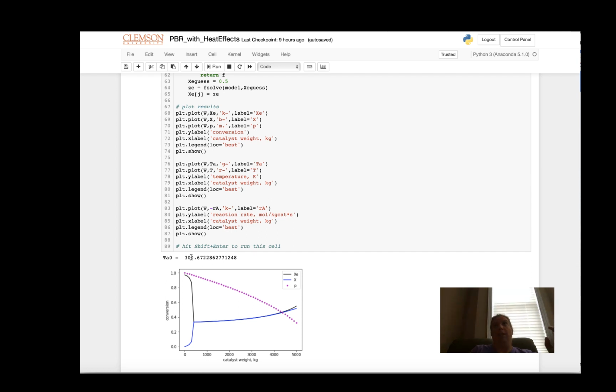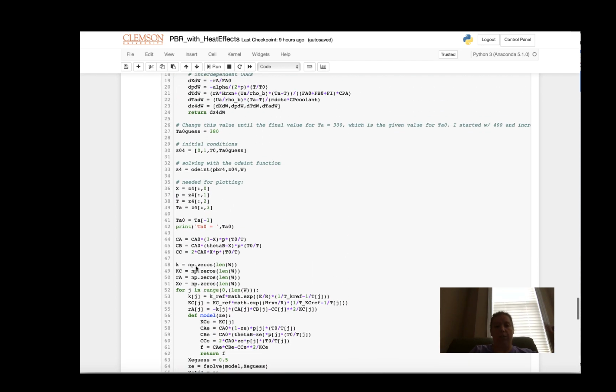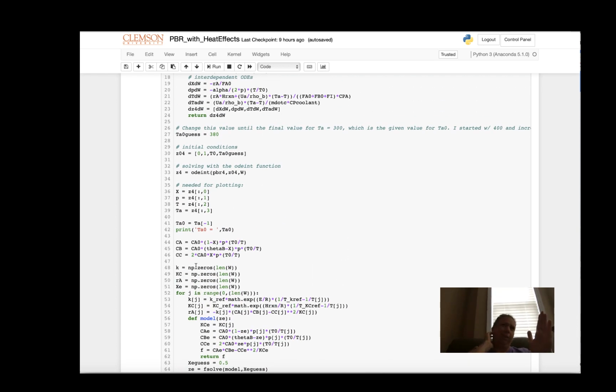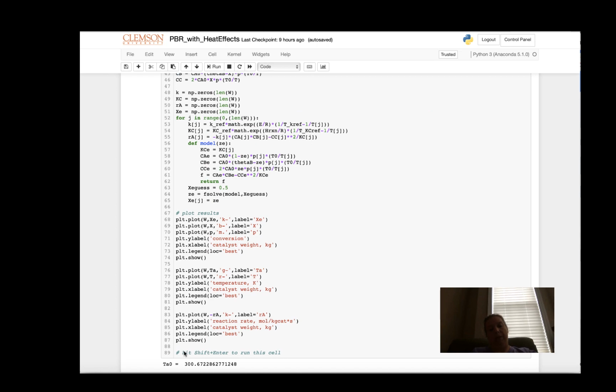So that means that when I solve the problem, the final value at W equals W better be 300. So what initial value, which is really the final value, but it's at the initial position, gives me this correct answer? So it's basically, like I said, a guess and check solution.